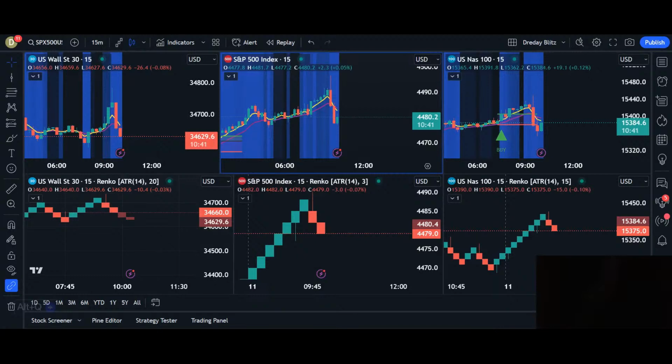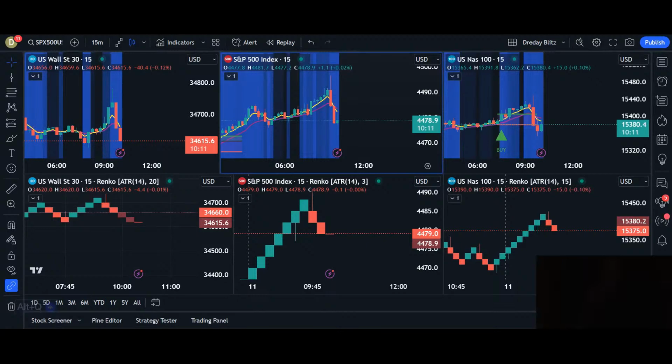So if you're trading gold, silver, other indices like Hong Kong, UK, the Russell, metals, commodities, crypto, forex, it works on anything. But for the purpose of the live, we're only focusing on three indices.